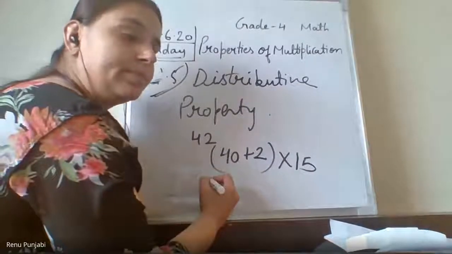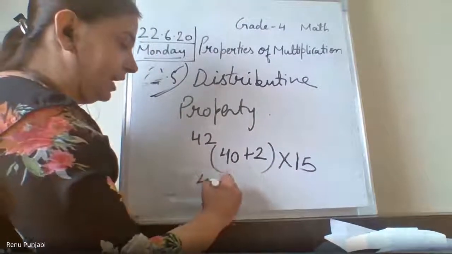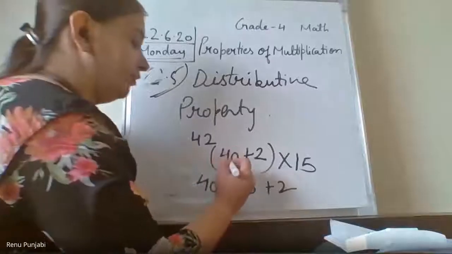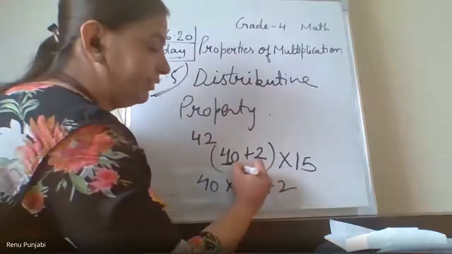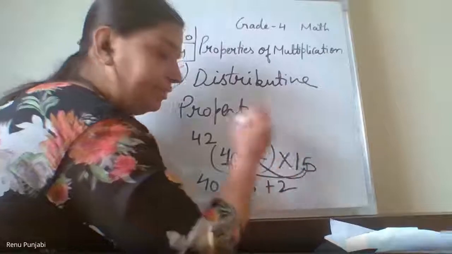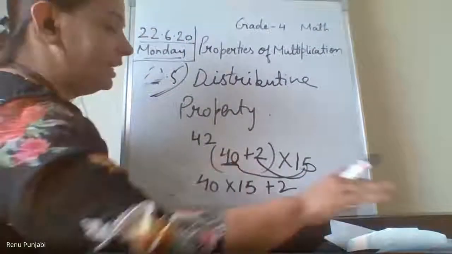Or you can do 40 multiplied by 15, then add the 2. First you multiply 40 with 15, then multiply 2 with 15. Then also the answer will be the same.